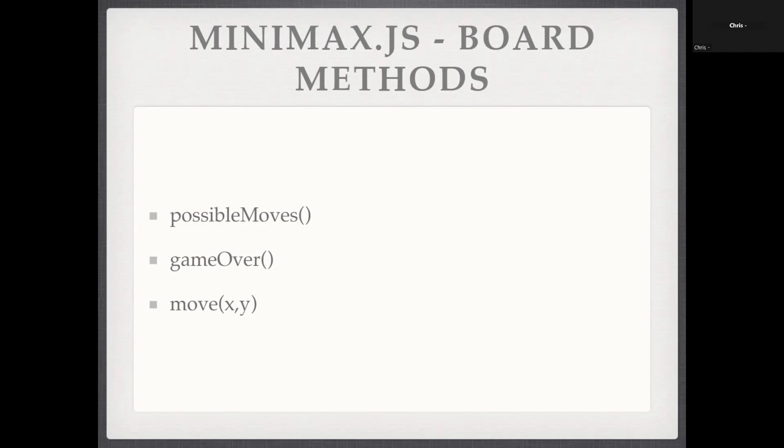It returns a 0 for a game in progress, an integer representing the winning player, or a 3 if the game is ended in a draw. The possible moves method returns a list of available moves for the current state of the board. And finally, the move method takes the X and Y position of the move to be performed, adds it to the current board, and calls the next turn method to advance to the next player's turn.